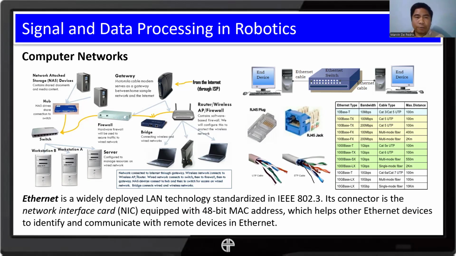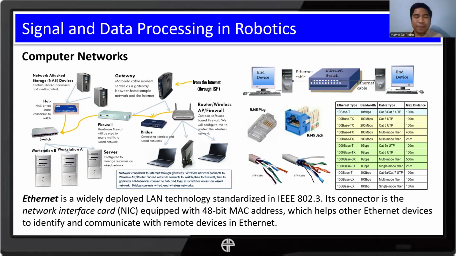Okay. So for another example, Raspberry Pi. If we have a Raspberry Pi that has a built-in Wi-Fi, aside from the built-in Wi-Fi, it also has a built-in Ethernet connector. Okay, Ethernet port, right?